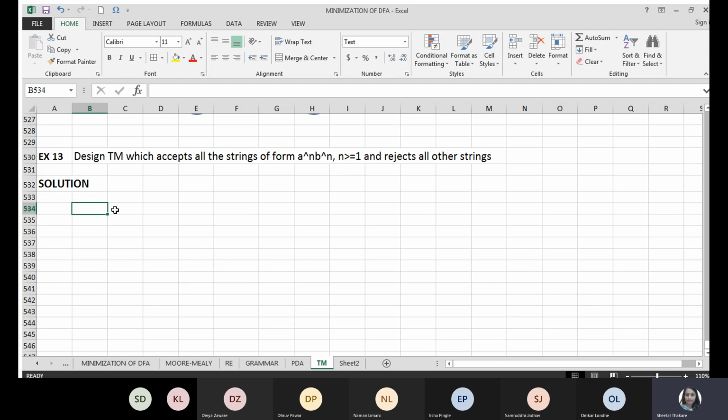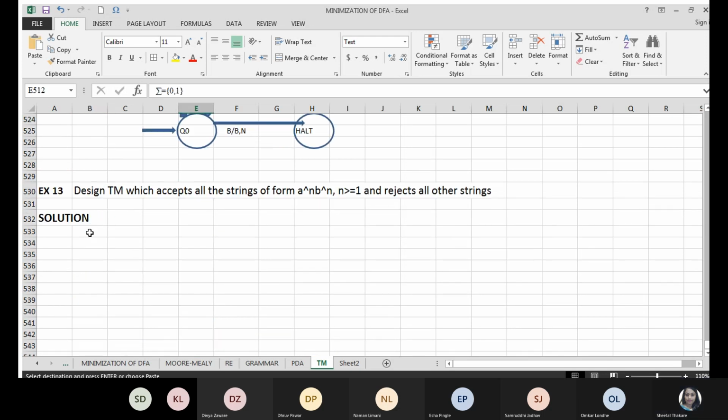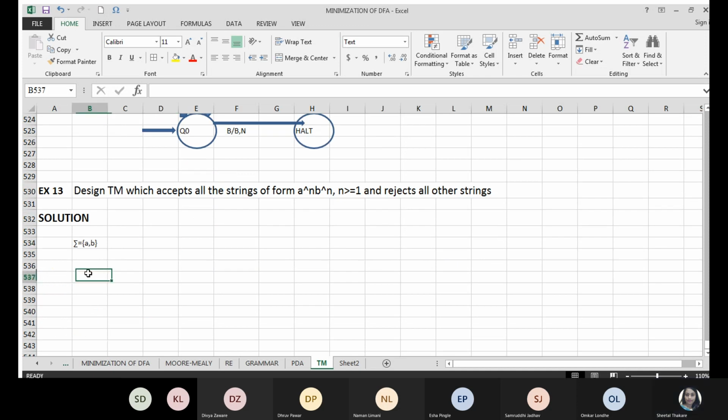So let us start with the solution. Here you can list it likewise that alphabet consists of A, B, and you can have some value of n.